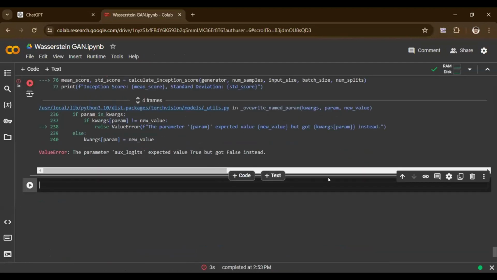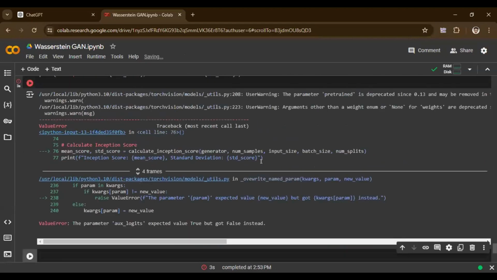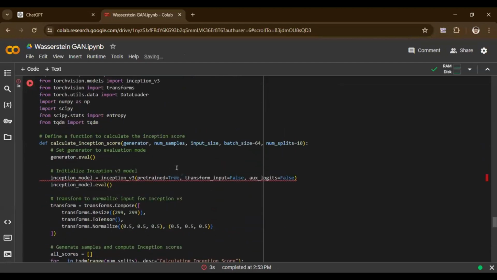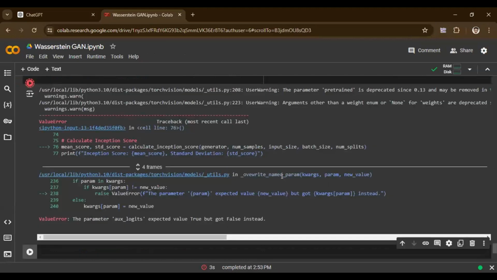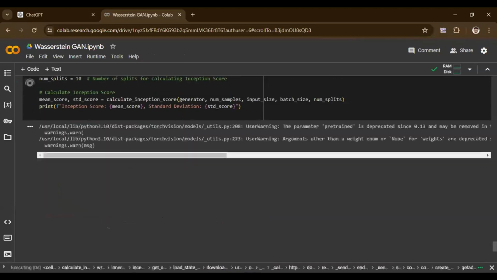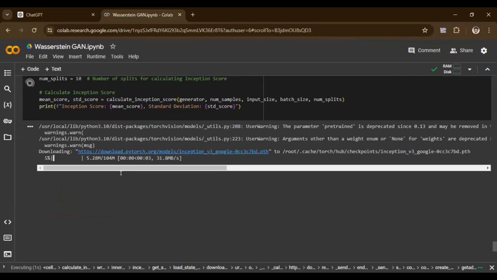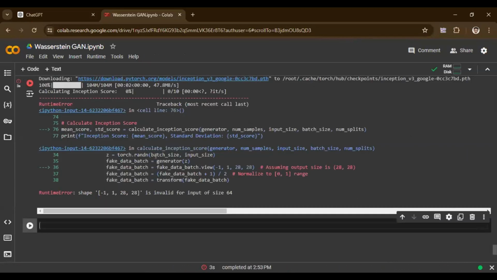Oh, it throws an error. The parameter expected value true, but got false instead. This one, let's change it to true. Second error: the shape -1, 1, 28, 28 is invalid for input size of 64.